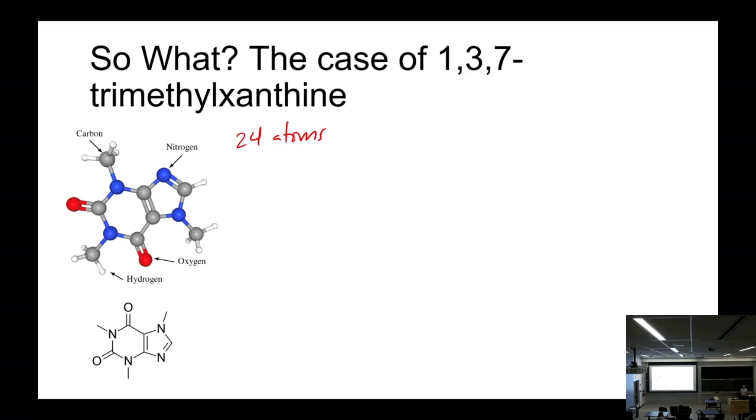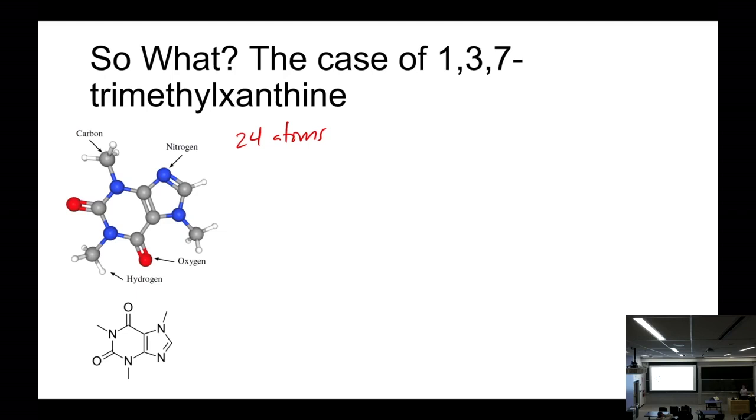An 8-ounce cup of coffee has something like 95 milligrams of caffeine, and that's about 3 times 10 to the 20th molecules of caffeine. And what we're asking to model here is not all of the molecules in a cup of coffee. It's just this one 24-atom molecule.